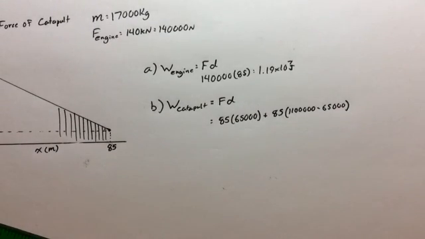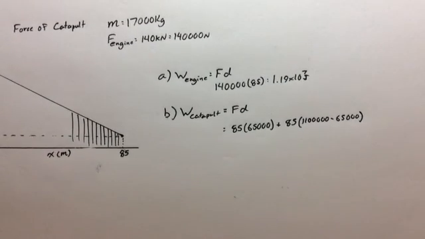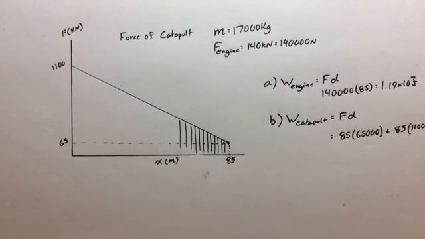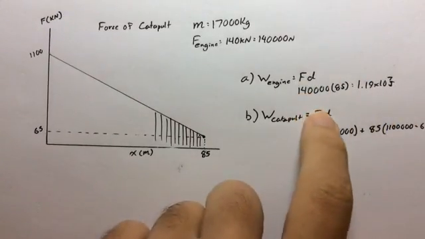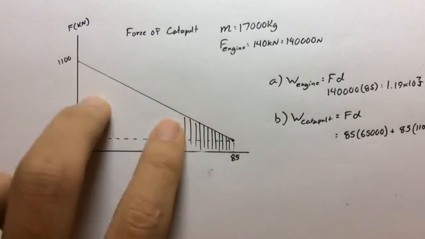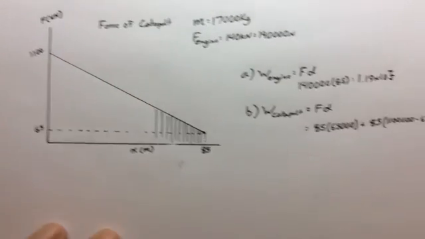That's going to give me the area of my triangle. Once again, it's simple stuff with the math, but pretty complex when you think about what it really represents: we're looking for the work. Work is force times distance, and on this graph, force times distance is basically talking about the area here. So the area of this whole shape is what we're getting.